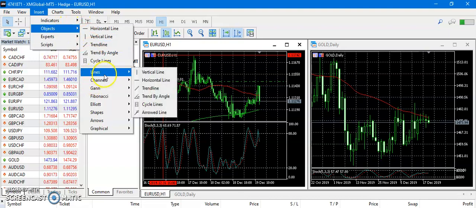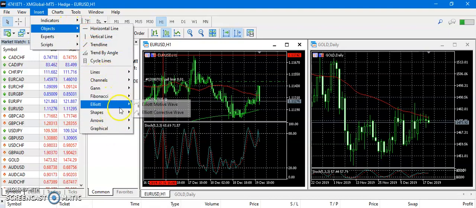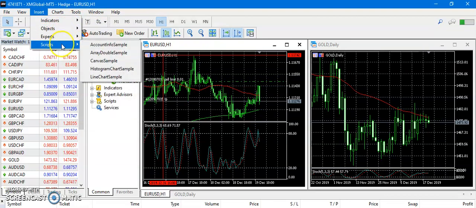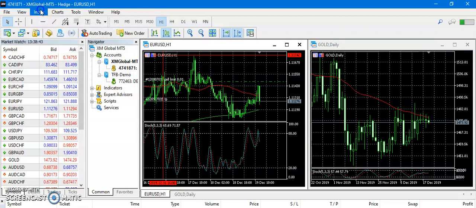You can add lines and whatever, Fibonacci, arrows, and so on. And then you still have the experts and the script if you have your script. We'll talk about that in a bit, how to add your indicators, how to add your scripts. If you have a custom script, like something you downloaded and you want to put it up here, we'll talk about that in a bit.